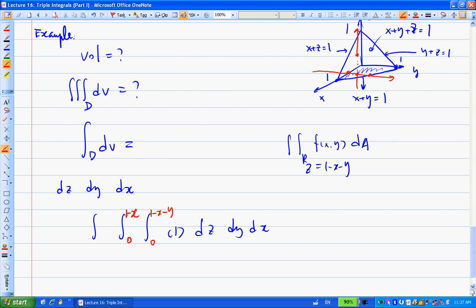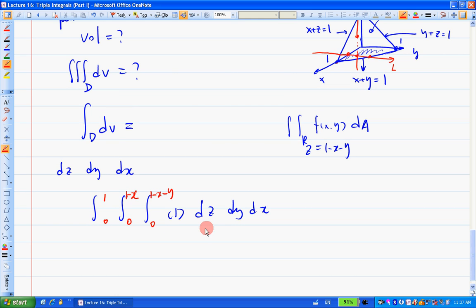The last step is to sweep this line L across the shadow R and find the min and max for x that bound the shadow. So x will be 0 here, and the max will be 1. That's the layout of this triple integral for the volume calculation.